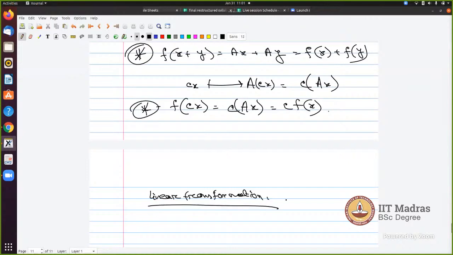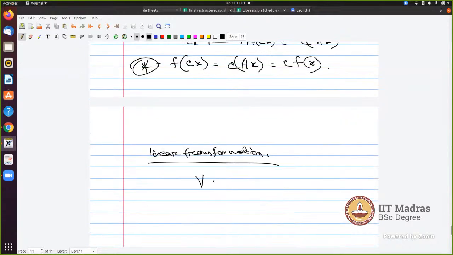So in general, I can write T from V to W. V and W are two vector spaces, and T is a linear transformation. When we call it a linear transformation, this is a map between two vector spaces. Vector spaces come with addition and scalar multiplication on both sides, and this linear transformation will respect that addition and scalar multiplication.